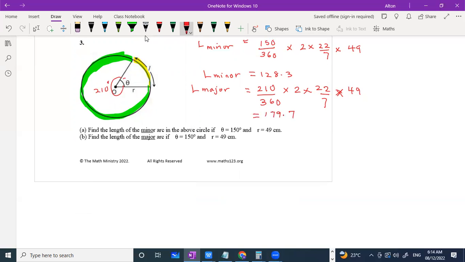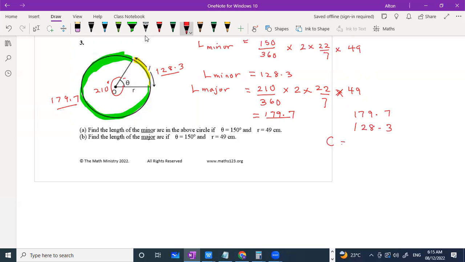Right. So the minor arc is 128.3, and this distance here is 179.7. Then the total circumference should be 179.7 plus 128.3.